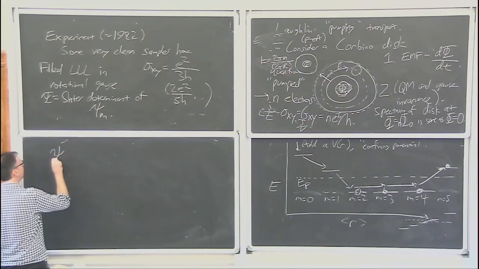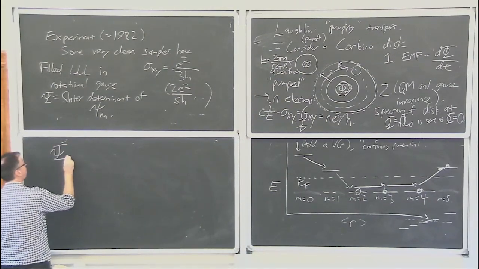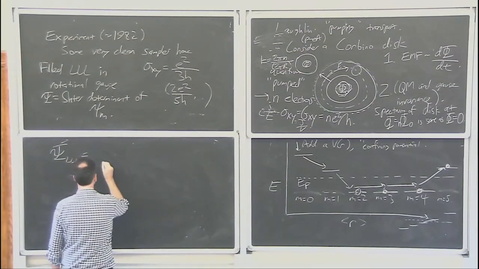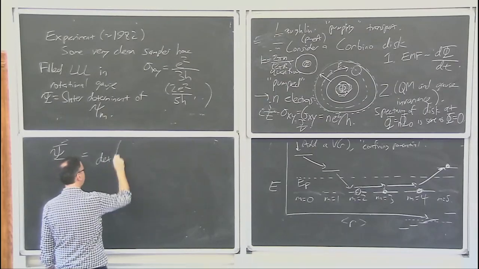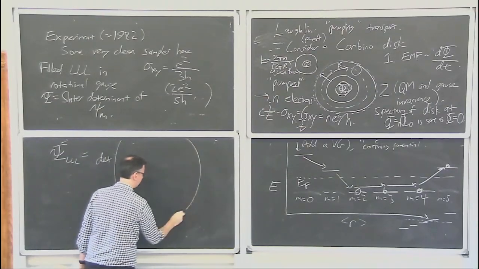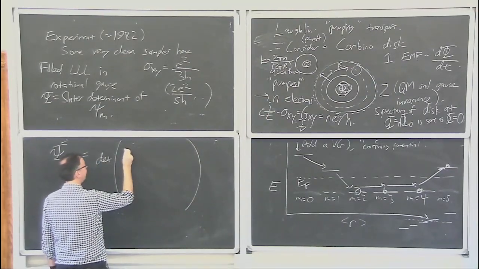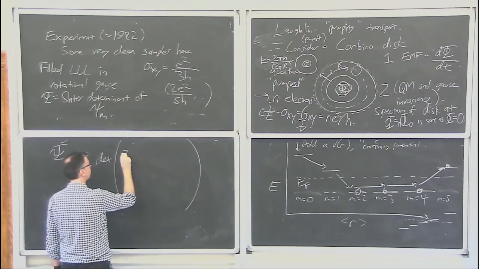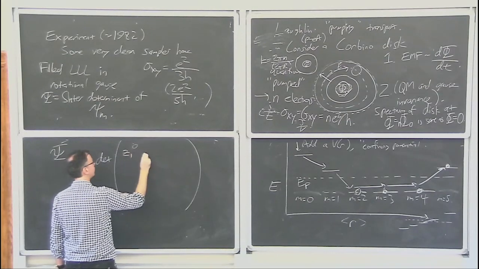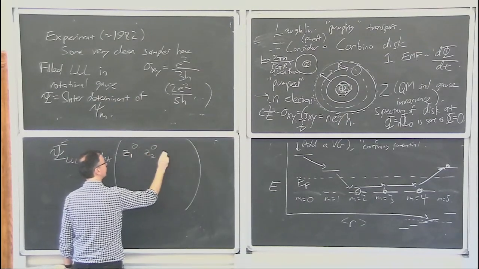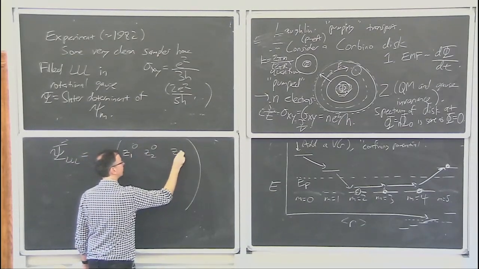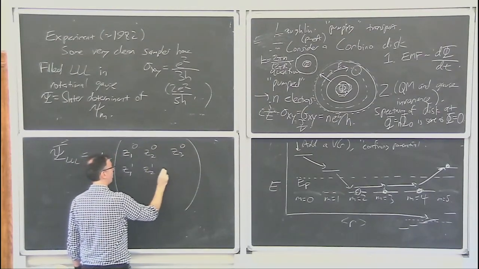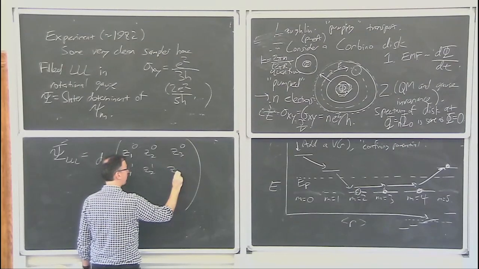We could say psi, all right, so I'll have some determinant of, let me write it this way. Let's say I've got particles z1 to zn. Where here the exponents just mean to the power.